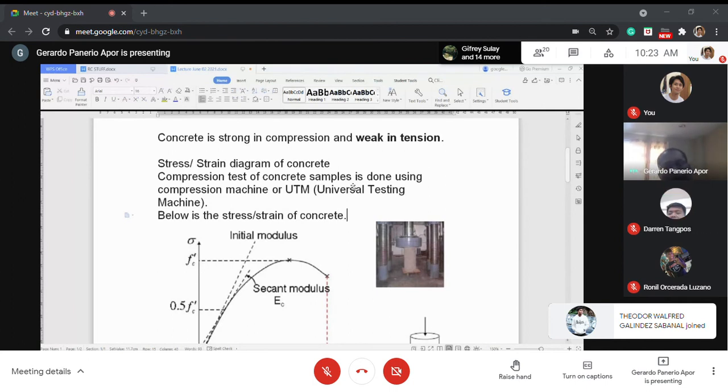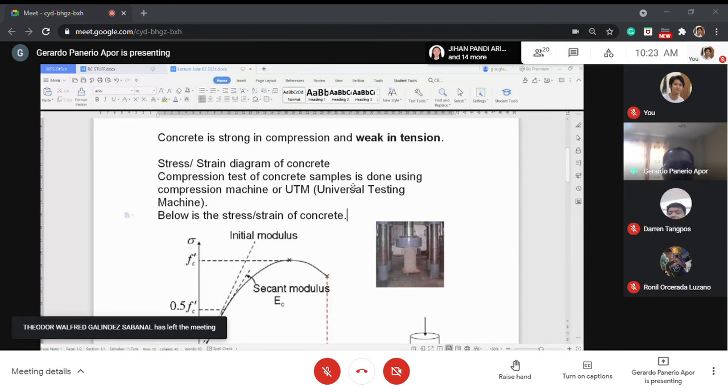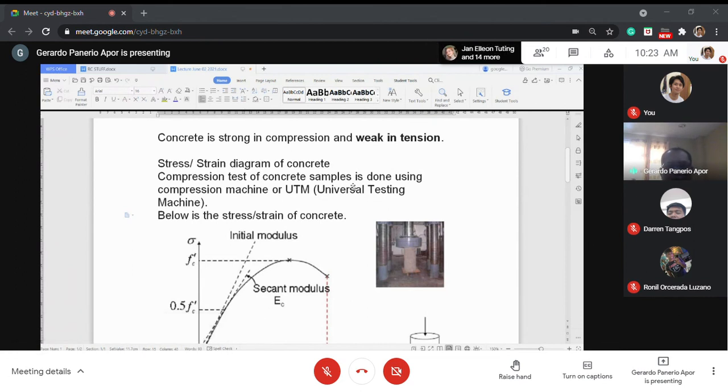Now, the strength of concrete varies. It's not constant. It varies due to the kind of aggregates, the amount of sand, the amount of cement, and the amount of water. So you always have to test the concrete to find the actual strength of concrete. It's not universal.